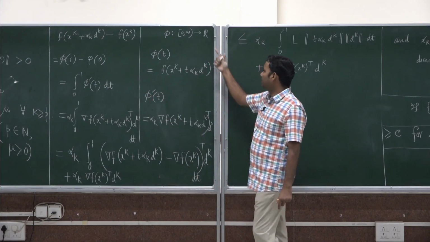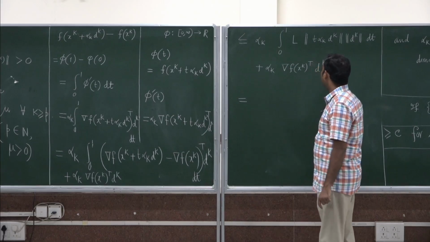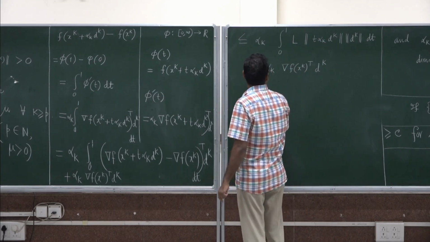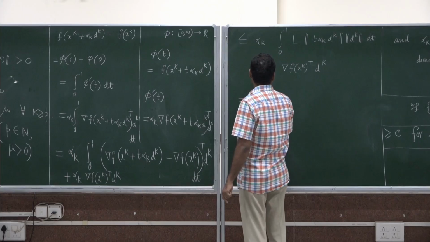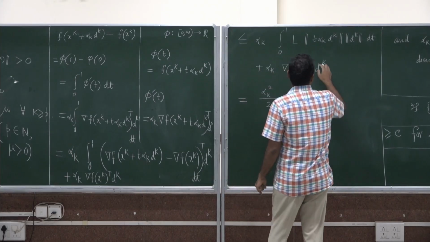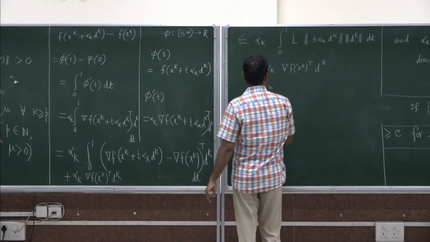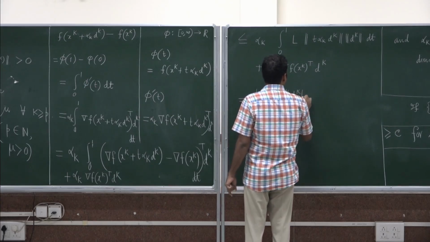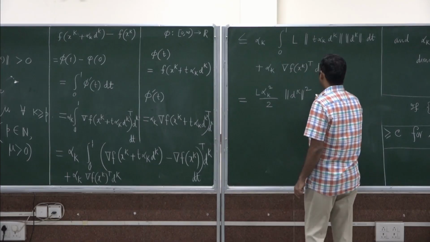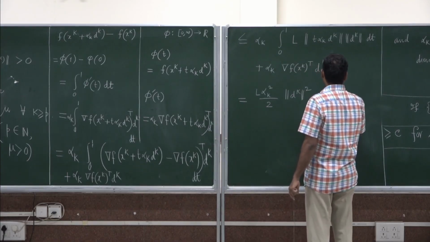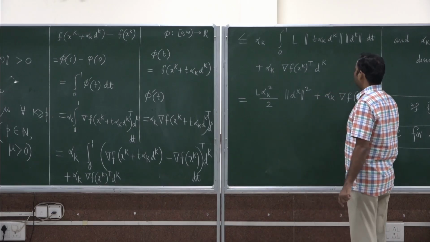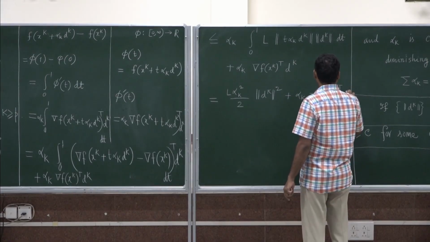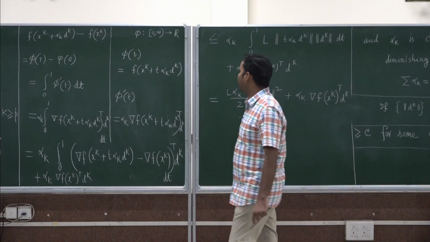So t is nonnegative, the modulus of t is simply t, so t square then half, so alpha k square divided by 2, times L times the norm of dk square, plus alpha k gradient of f(xk) transpose dk, this term, right?